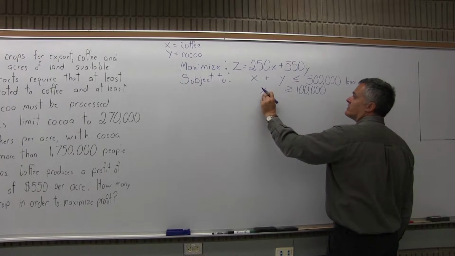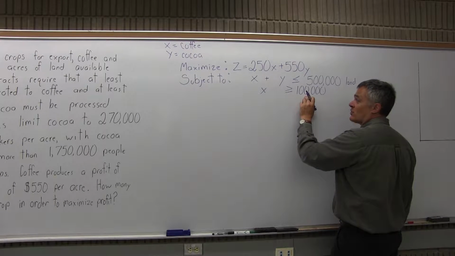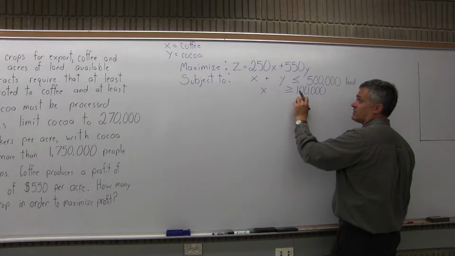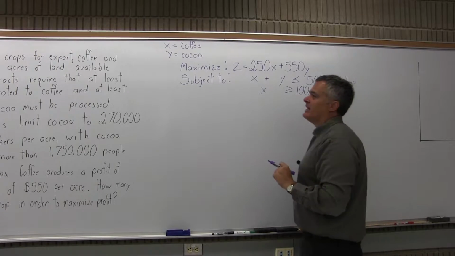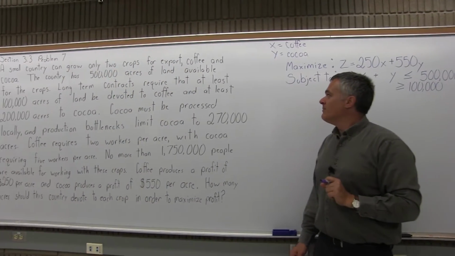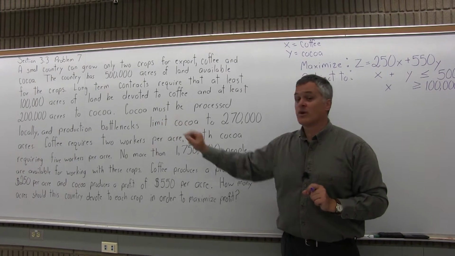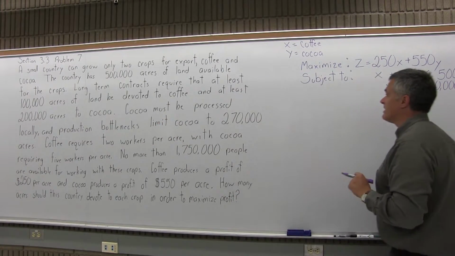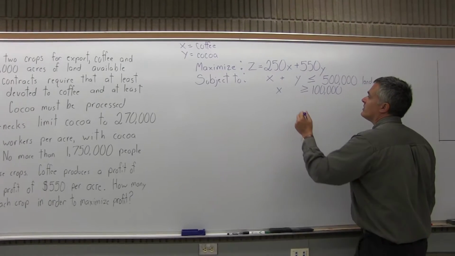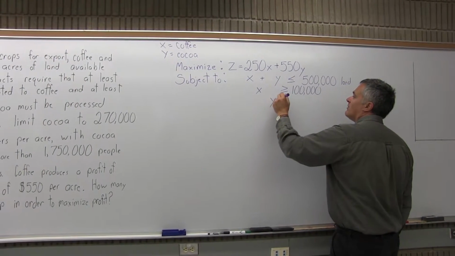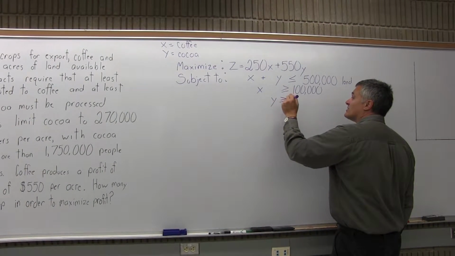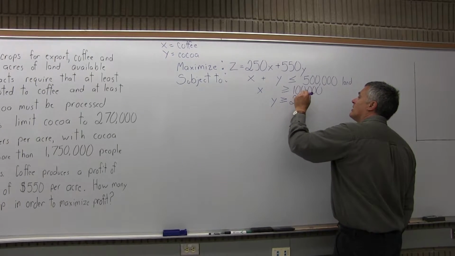And next to that it says, and at least 200,000 acres for cocoa. Cocoa is y, so y must be greater than or equal to 200,000.